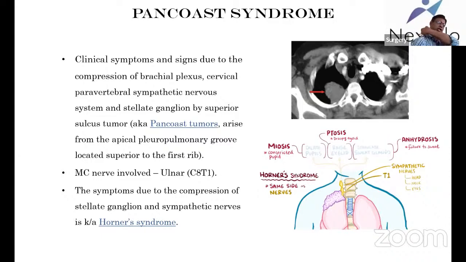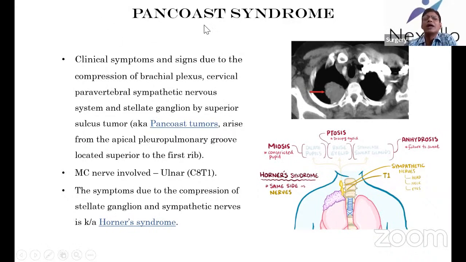Now here in the superior sulcus, if there is a tumor, this will compress the lower trunks of the brachial plexus, and it will also compress the sympathetic chain here, and ultimately gives features similar to thoracic outlet syndrome.